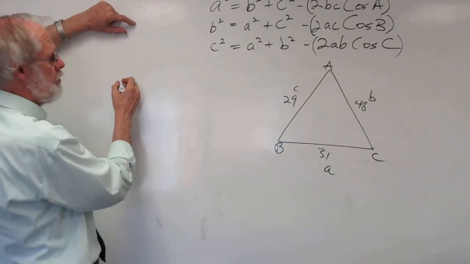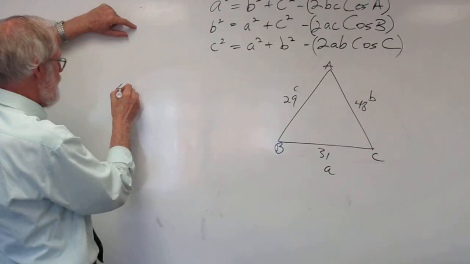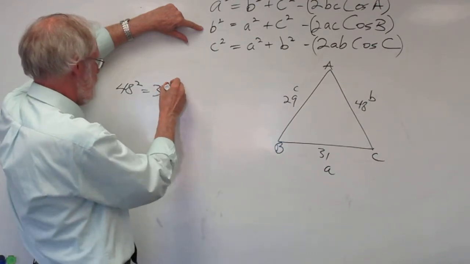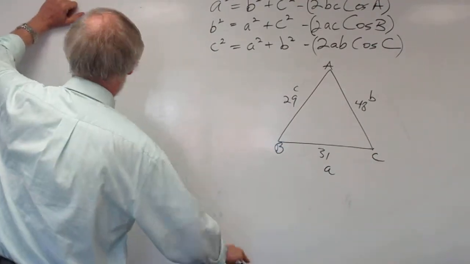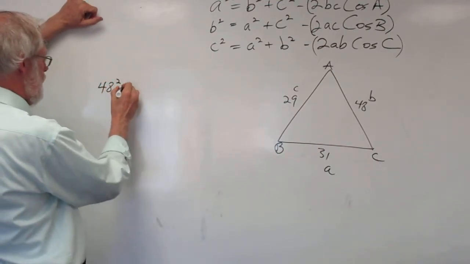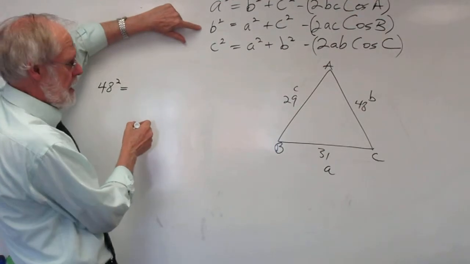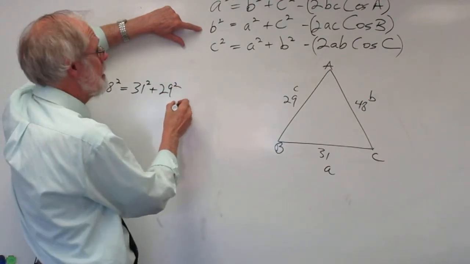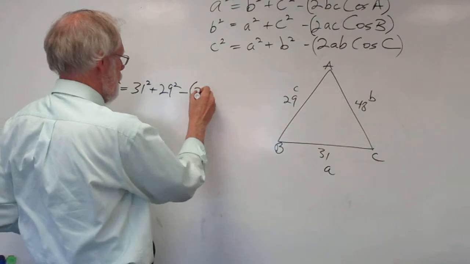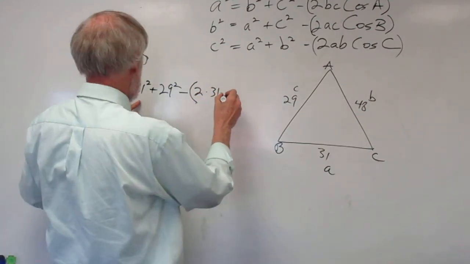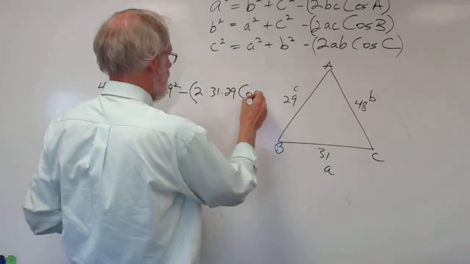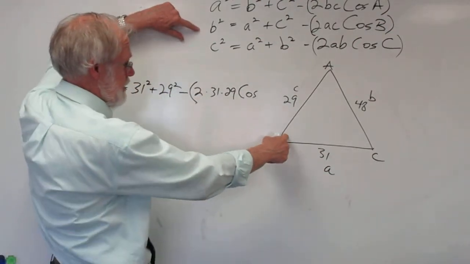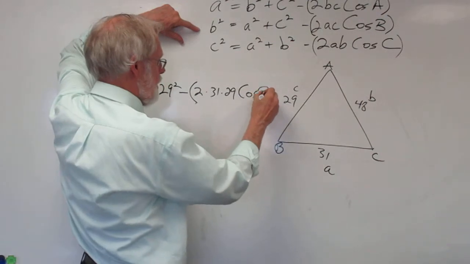So I'm going to say 48 squared equals A squared, which is 31 squared, plus C squared, 29 squared, minus parentheses 2 times 31 times 29 cosine, in this case cosine of B, because we are solving for cosine of B.